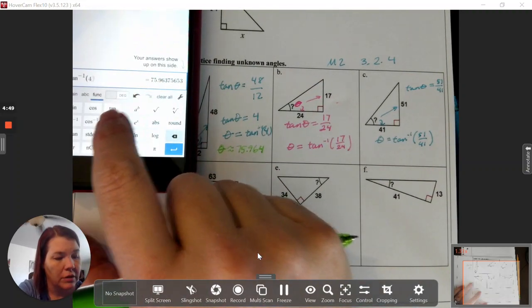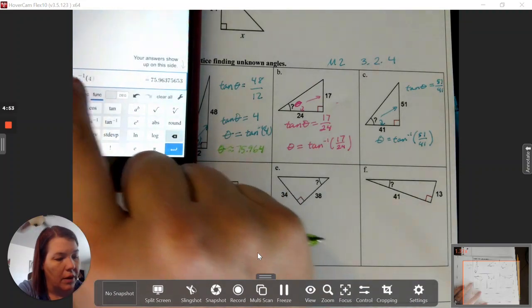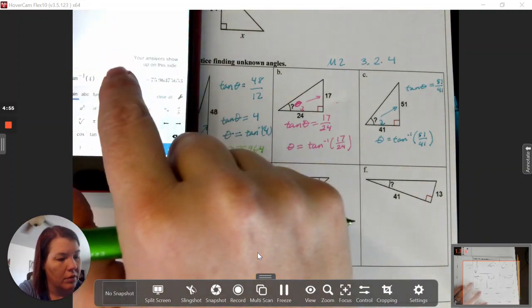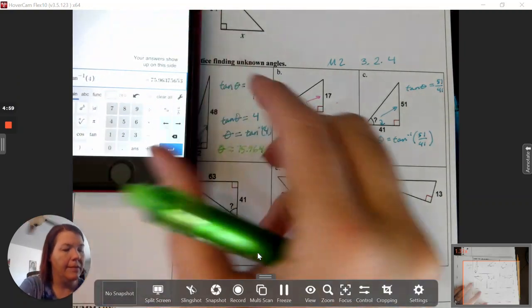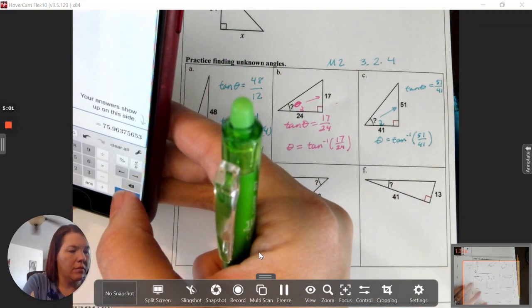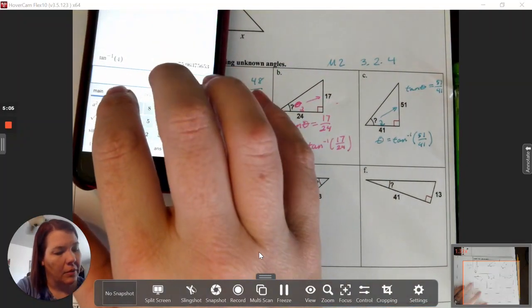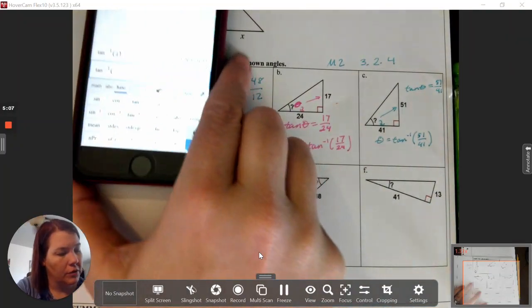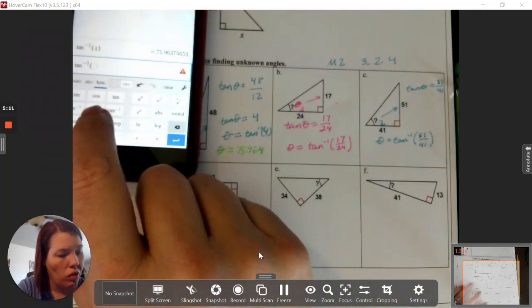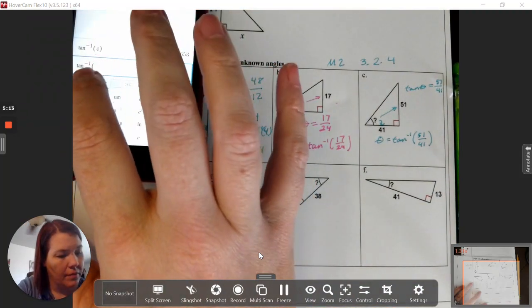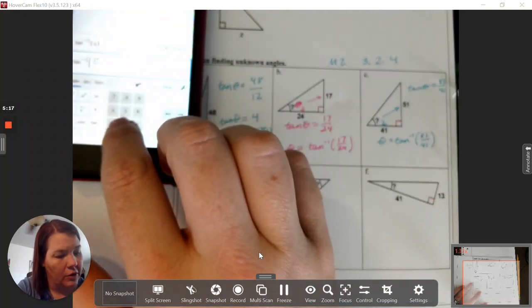Click return, go to the next line, then function, tangent inverse, main, 17 divided by 24.